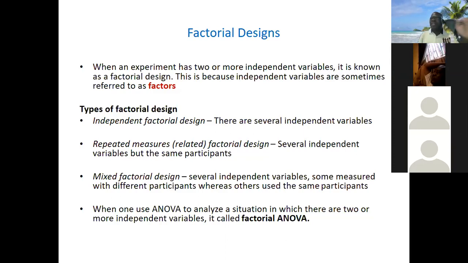Though we have 3 groups, it's still one-way ANOVA. You can even have 5 or 6 or more groups. It's one-way ANOVA because it's only one factor that is defining them.